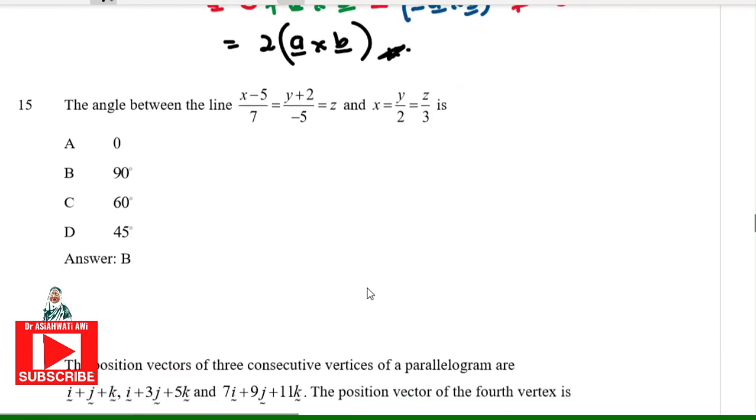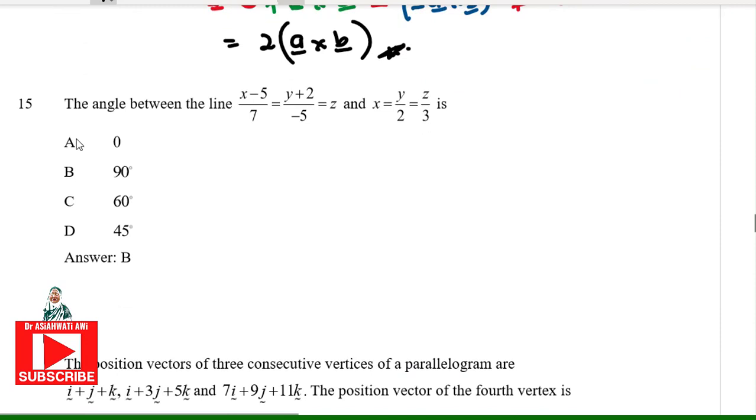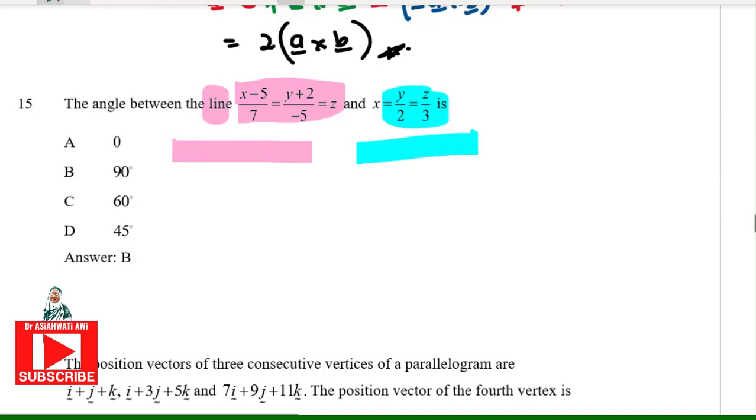For number 15, find the angle between the lines. This one is given in Cartesian equation for a line. First, find v.